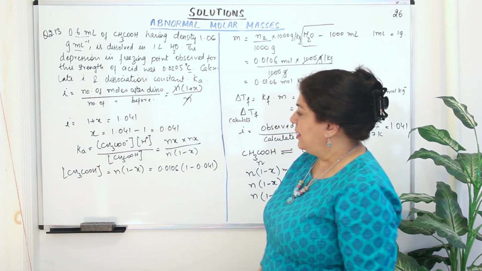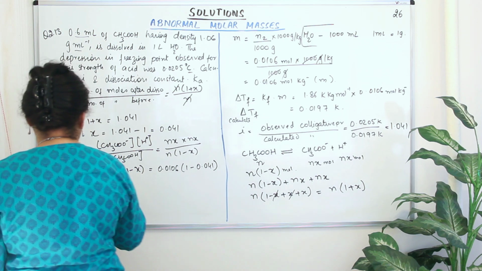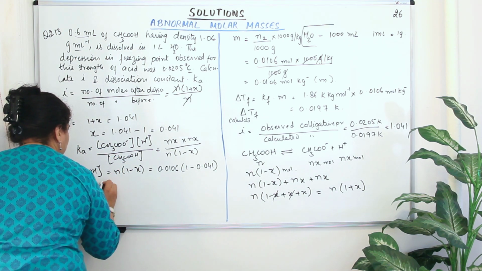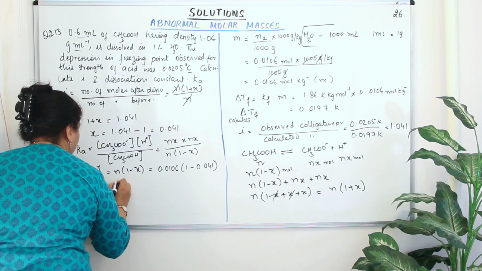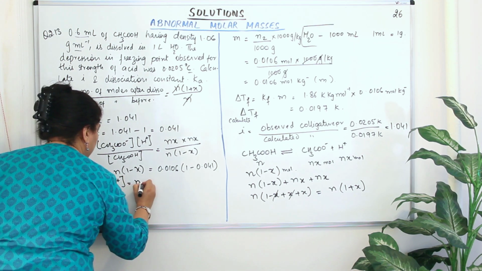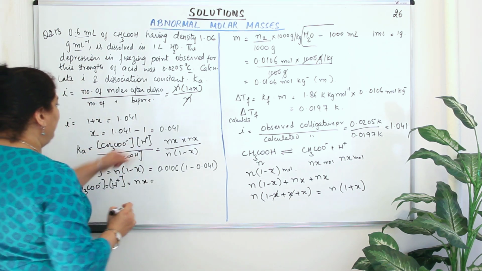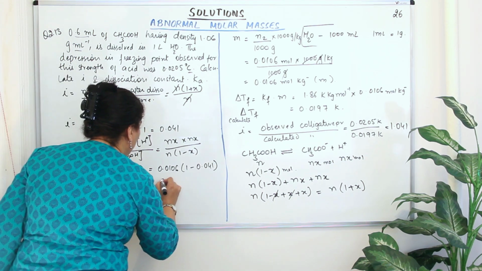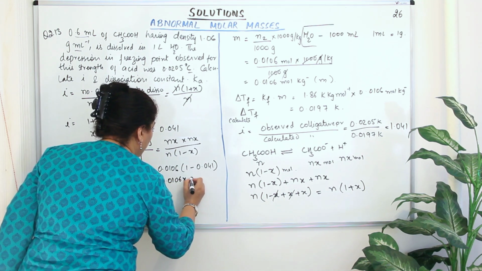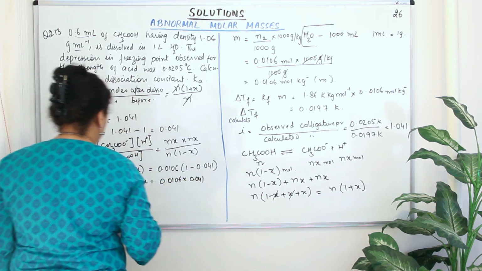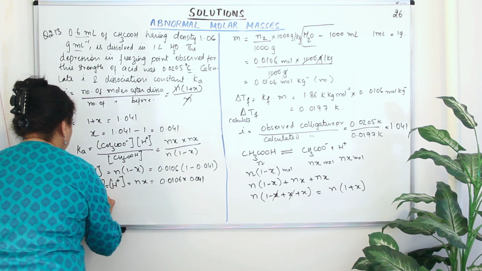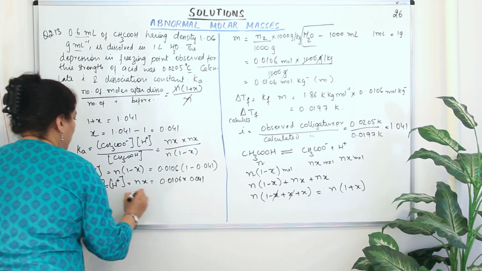That is the concentration of acetic acid. What is the concentration of CH3COO negative and the concentration of H positive? Both are equal, which is equal to nx, and the value of n is 0.0106 into x, which is 0.041.